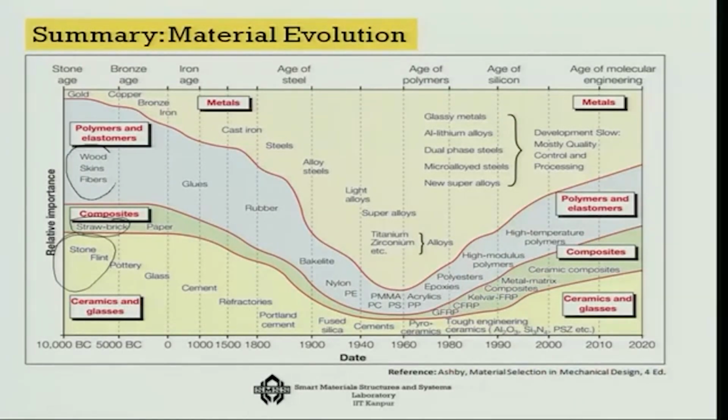Then there is some use of wood, skins and fibers. Other than stones, some of the organic elements like skins are used for dressmaking. After that, pottery and glasses come into the picture, and the discovery of papyrus, that is creating paper.